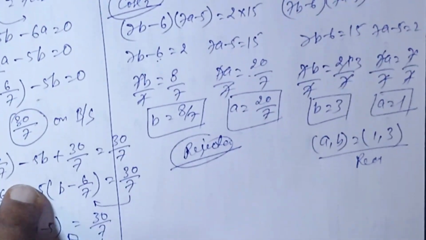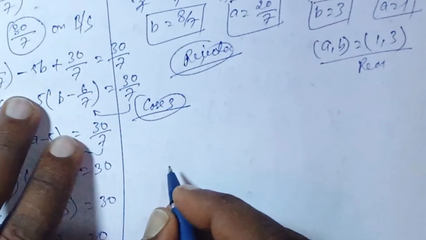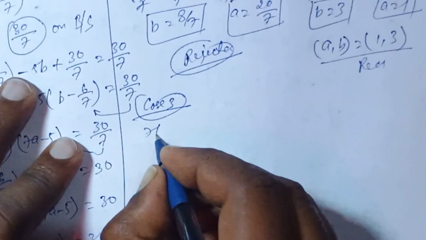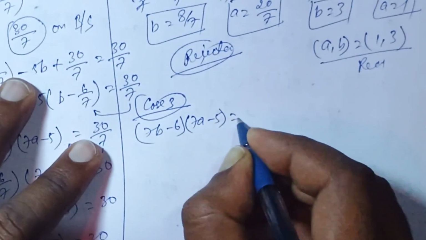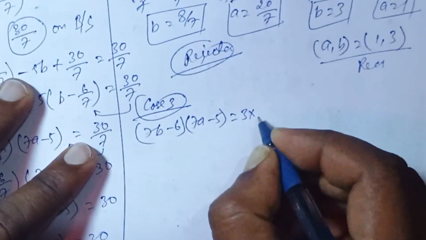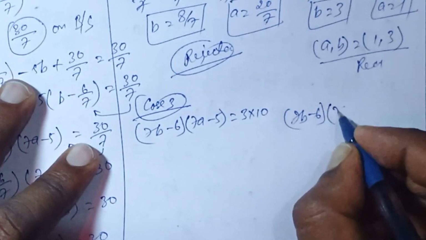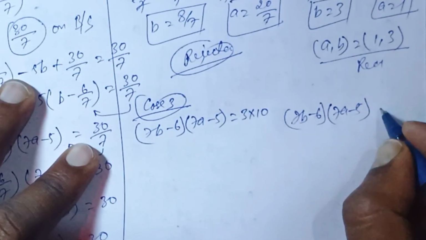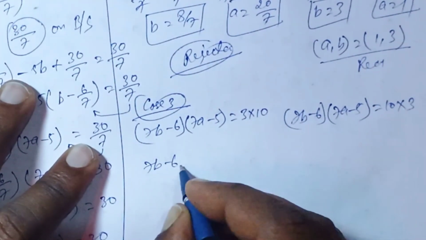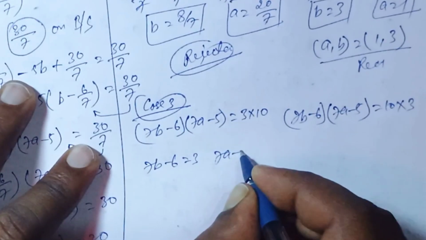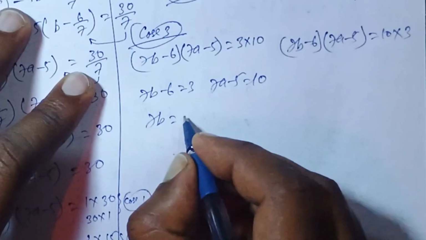Next step, case number 3. Case number 3 says 7b minus 6 into 7a minus 5 is equal to 3 into 10, and 10 into 3. 7b minus 6 is equal to 3, 7a minus 5 is equal to 10. 7b is equal to 6 plus 3, 9.